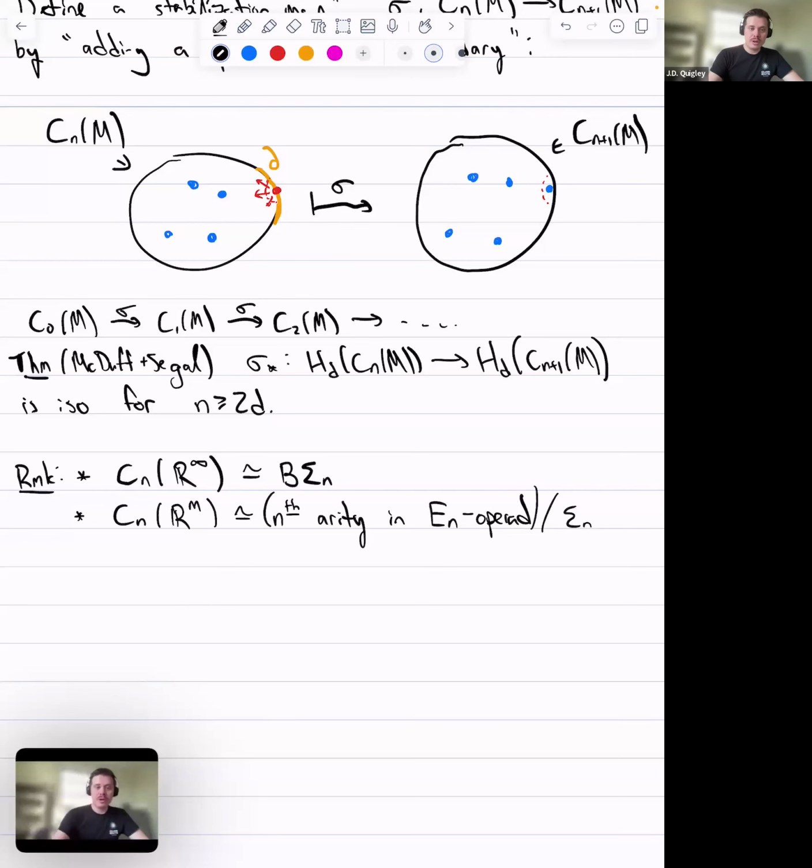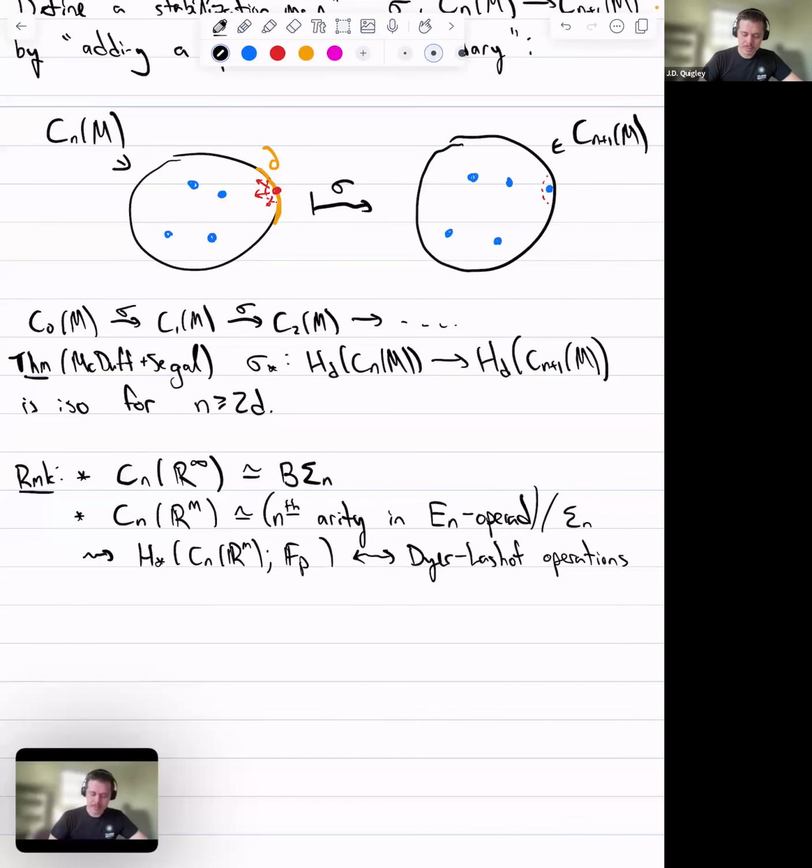Yeah. Okay, and so as such, if I look at the homology of these spaces, say with mod p coefficients, then this is closely related to Dyer-Lashof operations. Okay, so the McDuff-Segal theorem gives me a sort of qualitative way of understanding these groups, or maybe a quantitative one, because it tells me a range where I can compute one to compute a bunch.